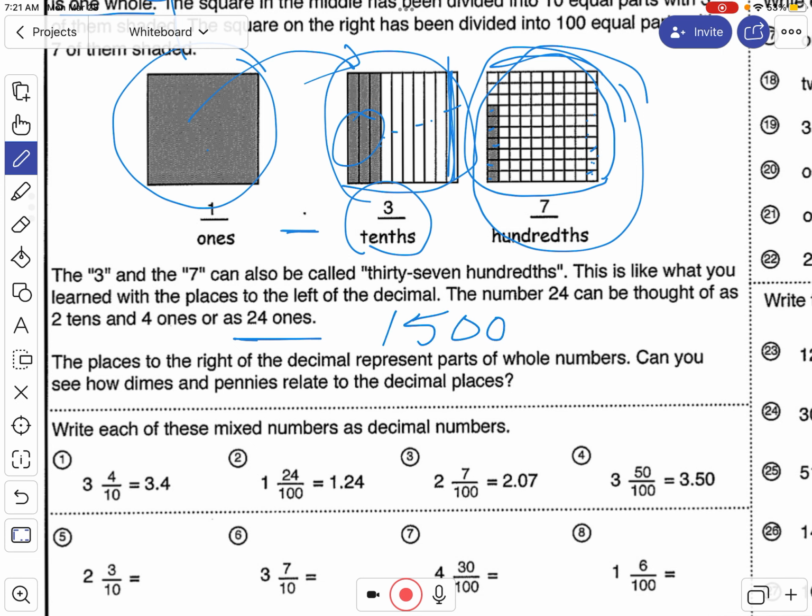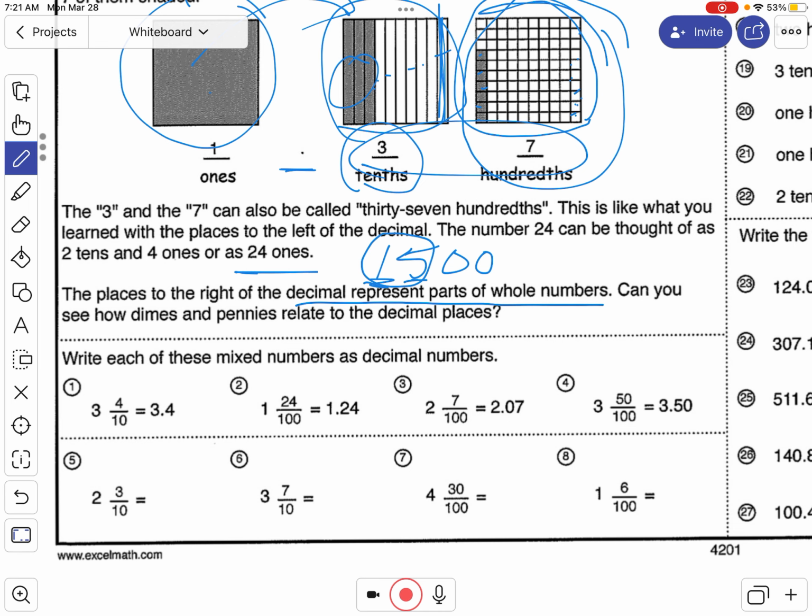This is 1,000. We can call that by the place value. 500, or we could just call it 1,500. Just like this could be called 37 hundredths. All right, the places to the right of the decimal represent parts of whole numbers. Can you see how dimes and pennies relate to the decimal places?